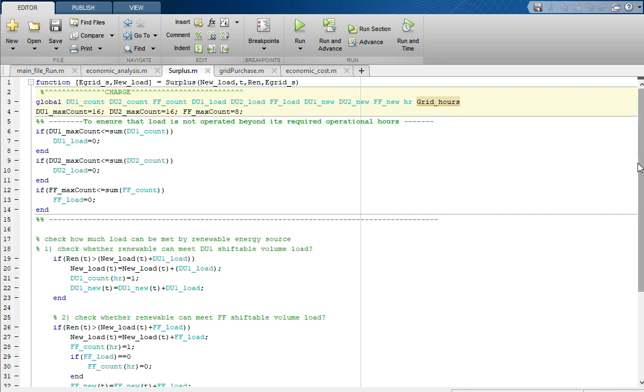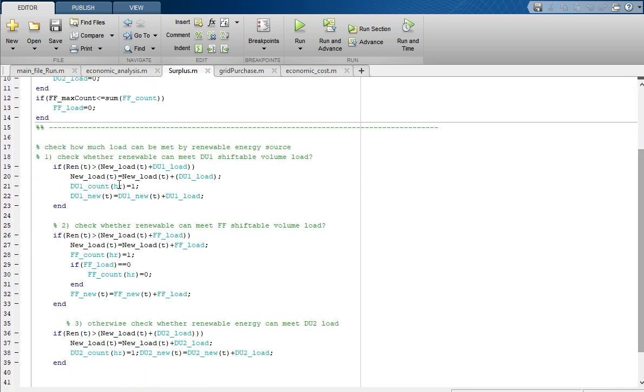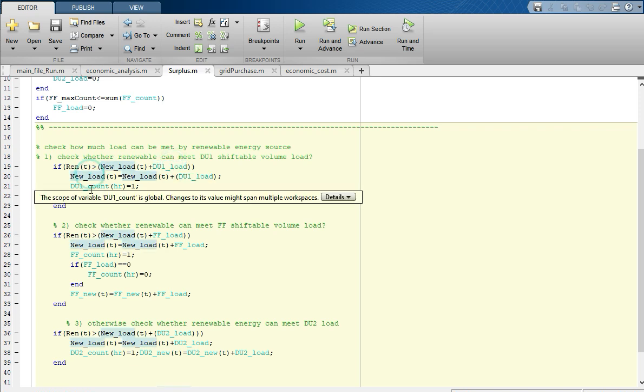Again, this is a very simple logic for rescheduling of the DU1, DU2, and FF load. Here we are just checking if the renewable is greater than the present load demand plus DU1. If it can additionally meet this DU1, then adjust this DU1 in the new load, increase its count, and update the rescheduled DU1 new.